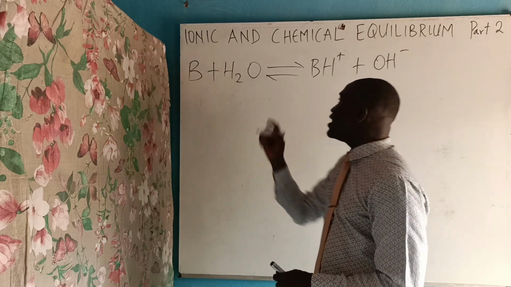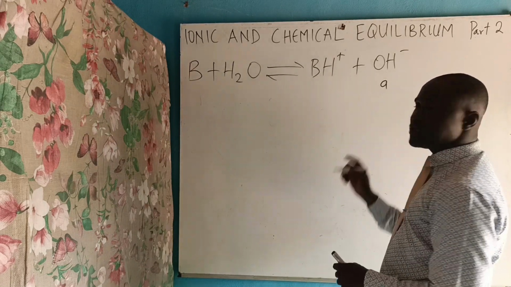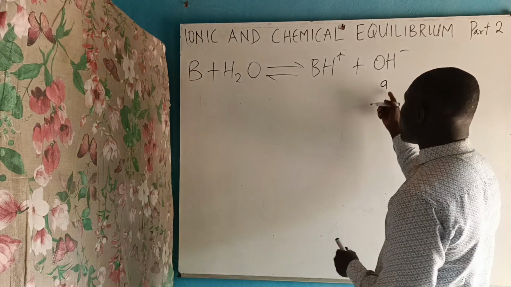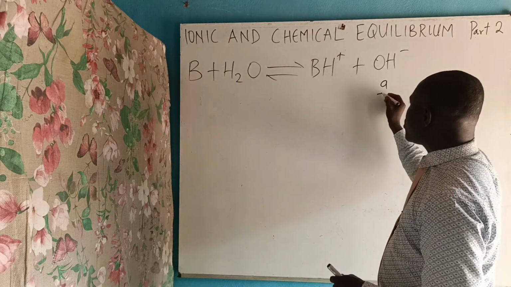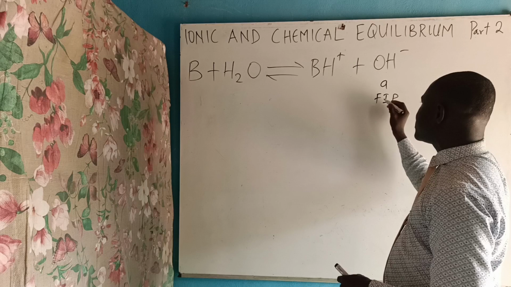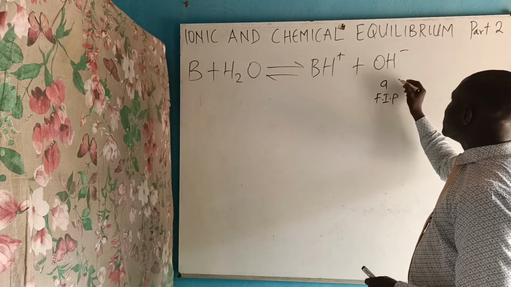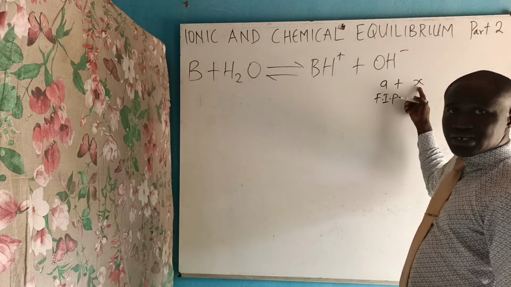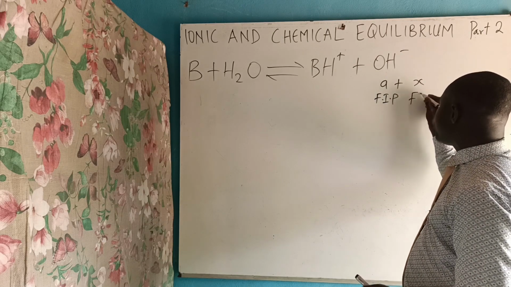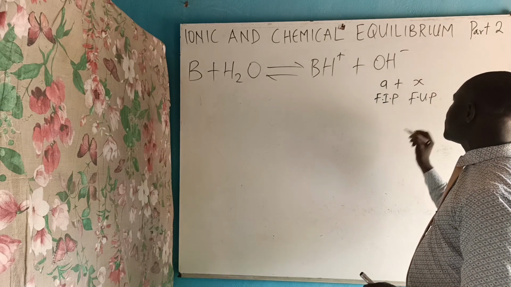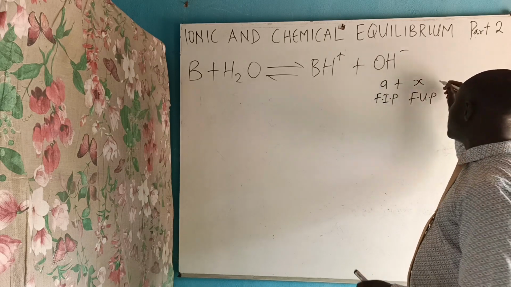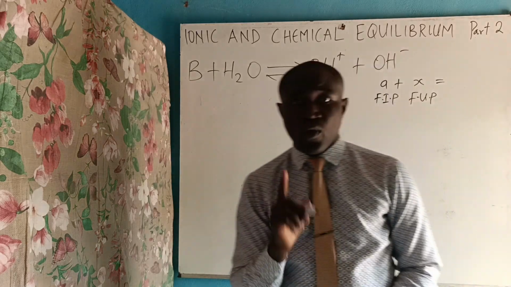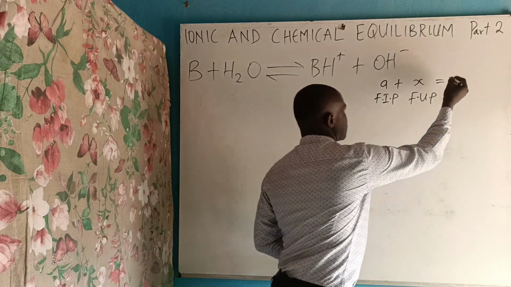Now, let's take the fraction of the ionized part, FIP, to be A. Then the fraction of the unionized part, FUP, let's call it X. Remember that the total fraction is 1.